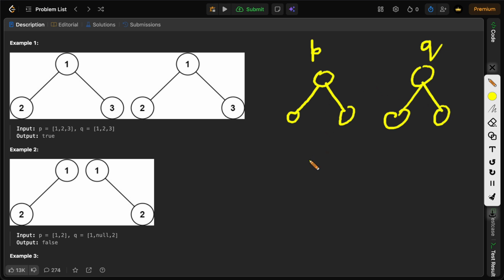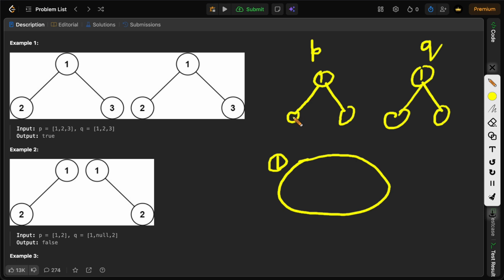We will use a single function, and we will first see if the root nodes are equal or not. If the value in the root node is equal, like here 1 and 1, we traverse further, and according to the pre-order traversal rule we traverse the left side.